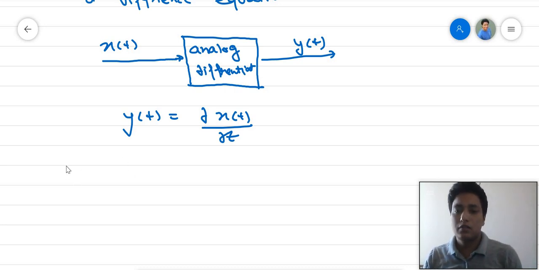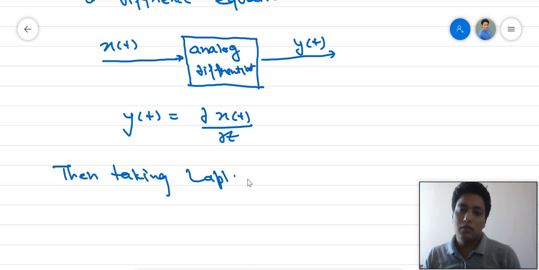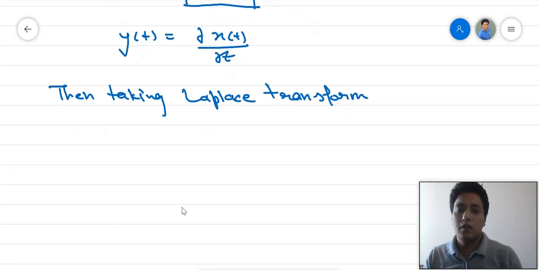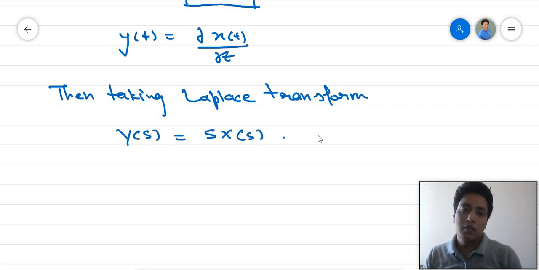Then, taking the Laplace transform, we get Y(s) equals s X(s) minus x(0).